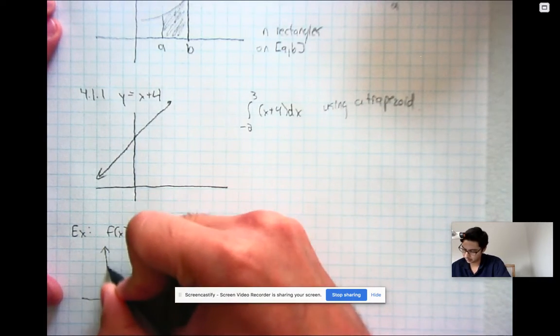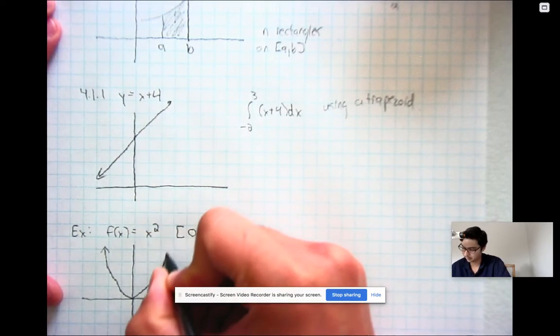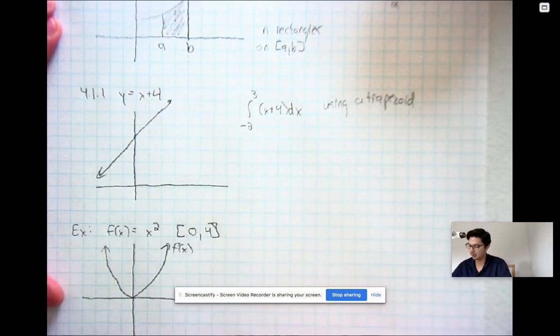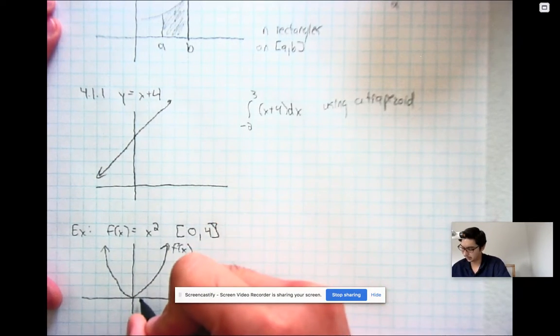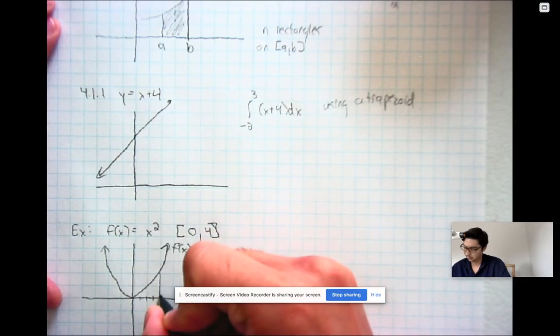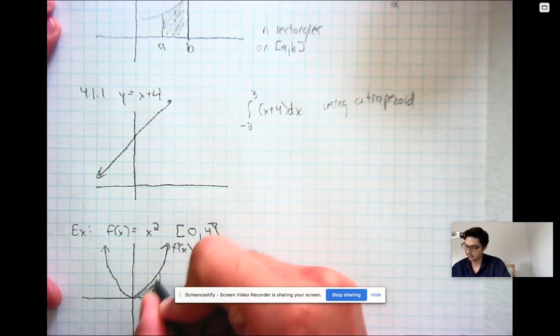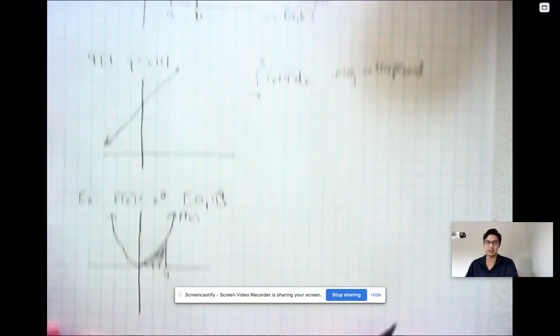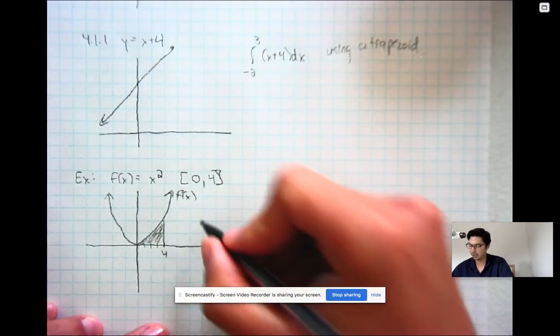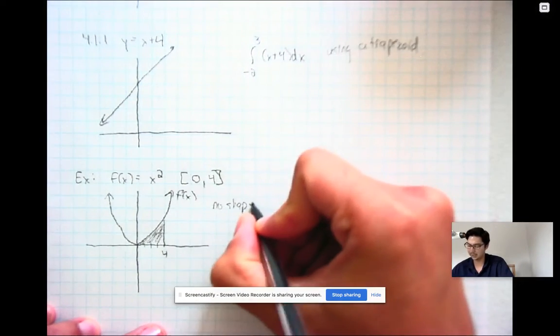If I make a sketch to help you visualize this, there's your curve f of x. Zero to 4 would be a section like that. Because there's a curve there, there's no shape that gives us the exact area.